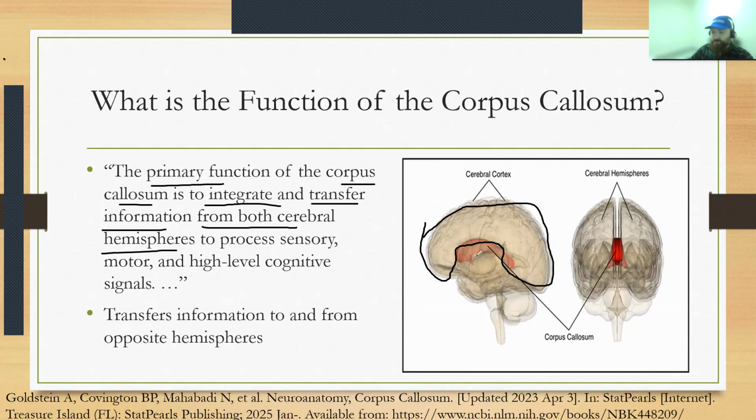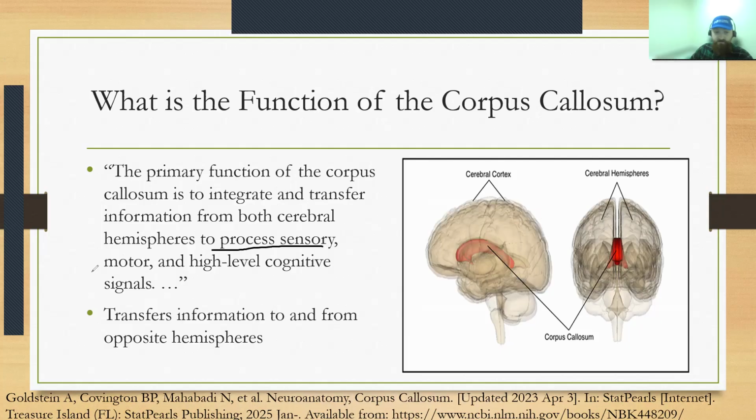We're not necessarily talking about the medulla and the cerebellum, we're talking about the cerebrum in this case. And it is to process sensory, motor, and high level cognitive signals. So, in short, it transfers information to and from opposite hemispheres, so the left and the right can communicate back and forth via the corpus callosum.